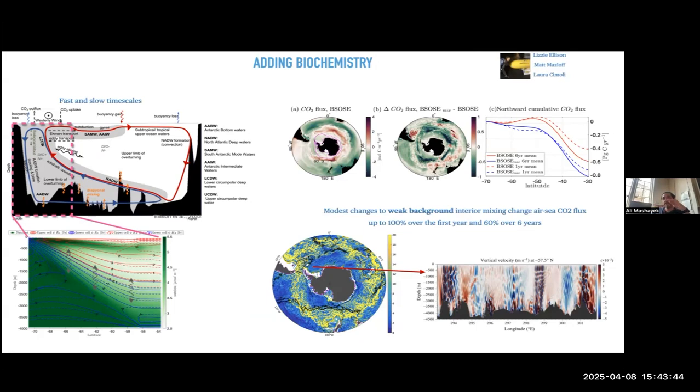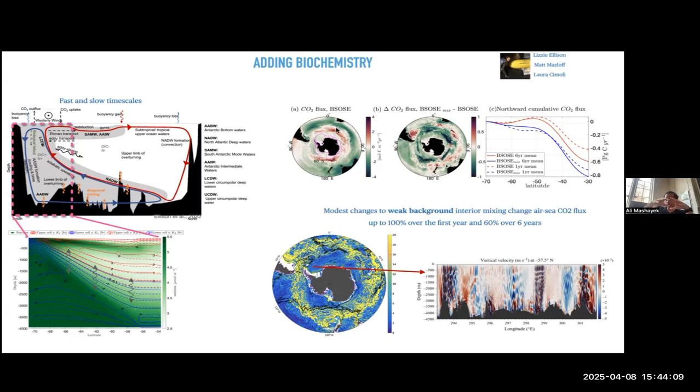But when you think about mixing of tracers, such as nutrients, let's say mixing of iron in the Southern Ocean, which is very iron limited, just a little bit of mixing can go a long way. So we very quickly learned that if we just modify the background mixing, the number that we don't usually care about because it's very small, 10 to the minus 5 meters squared per second in the upper ocean, again, this is very small.